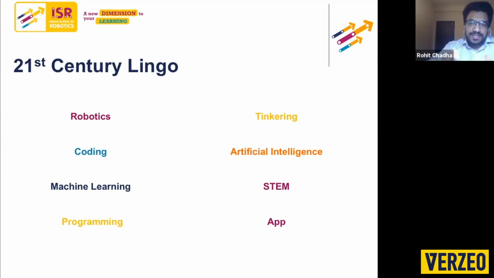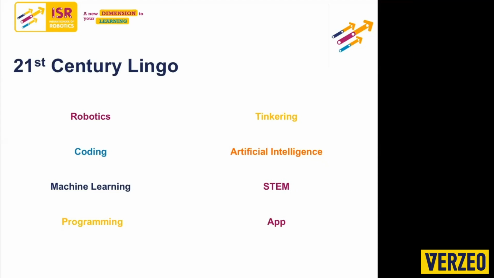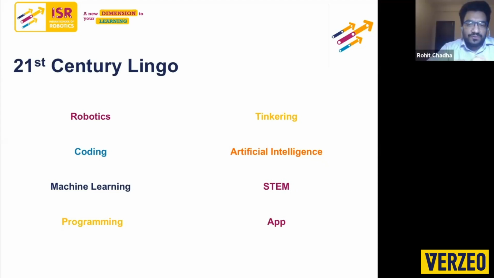These days, especially in the last one and a half years, we hear a lot of terms which I'm showing you right here: robotics, coding, machine learning, AI, programming, STEM, iOS and Android apps, tinkering. These are basically 21st century lingos. Why am I calling these lingos? Because these are keywords, or skills, which we need for a better career or better progress in life, because this is what the future is.